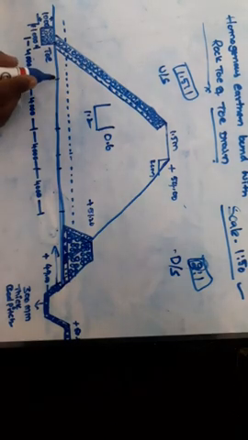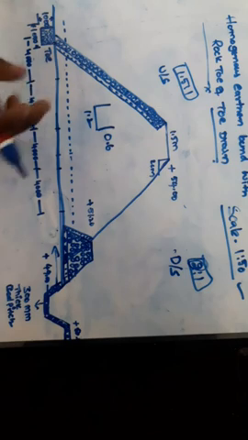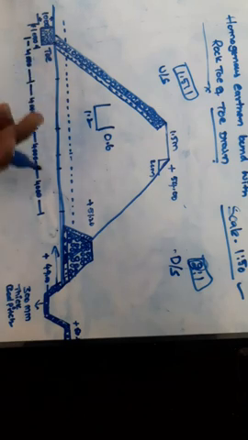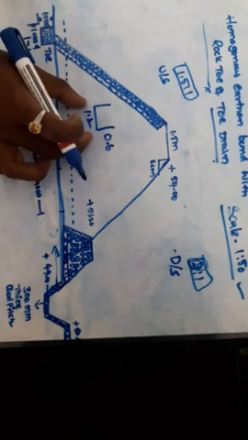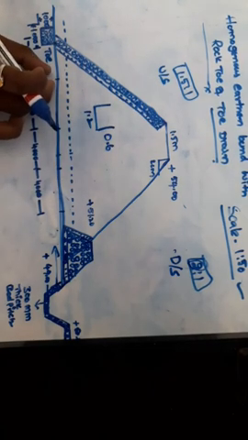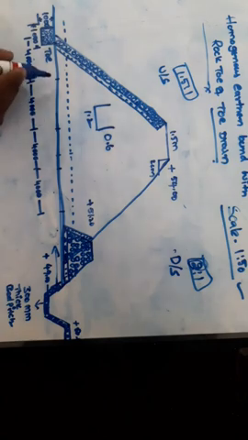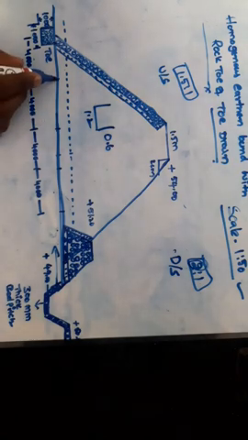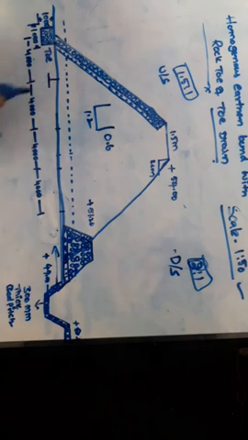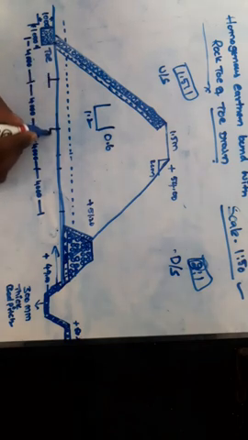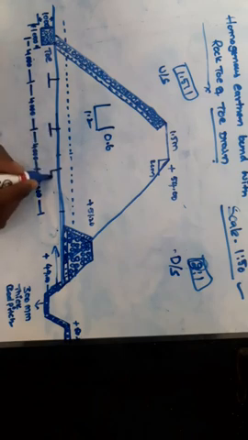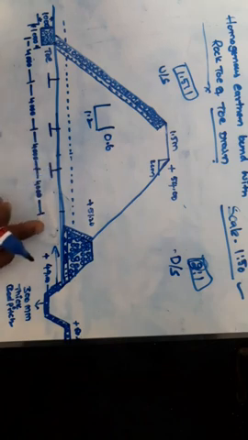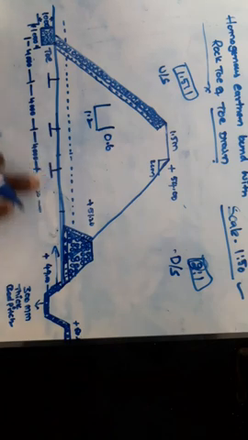From this point we have to draw the width of the key trench. This is the center point of the key trench, the width of the key trench is 1.2 meter. From the center point to the right side 0.6 meter, and 0.6 meter on the other side.